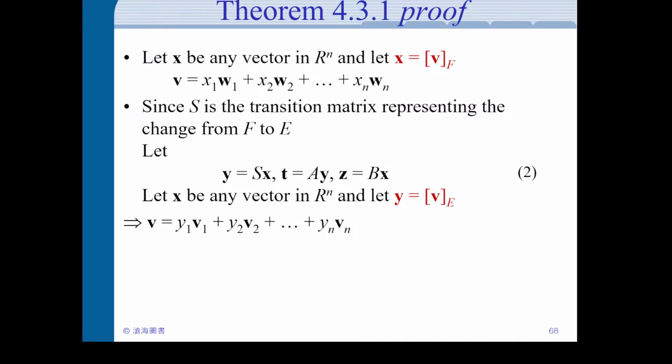So we should have any vector v inside Rn, and x being the coordinate of v with respect to F. So v has this coordinate, and we have S as a transition matrix from F to E. And y will be the coordinate of v with respect to E, and we will know that y will equal S of x.